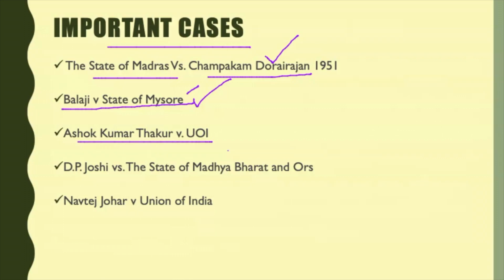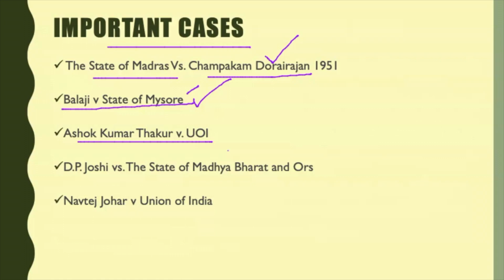So this particular case relates to your 93rd Constitutional Amendment Act 2005, which talks about Article 15 Clause 5. In this case, the Supreme Court examined the constitutional validity of Article 15 Clause 5.